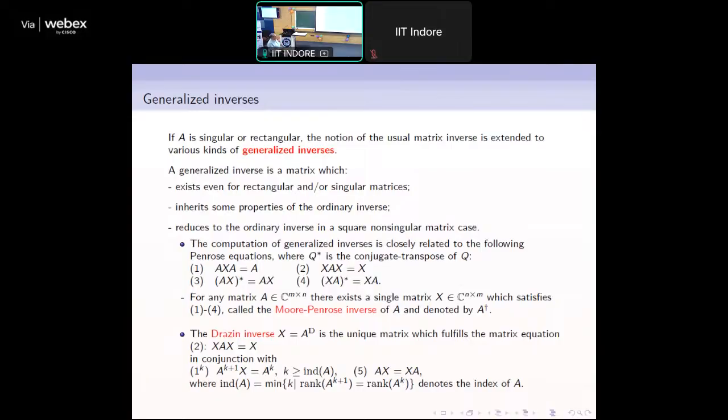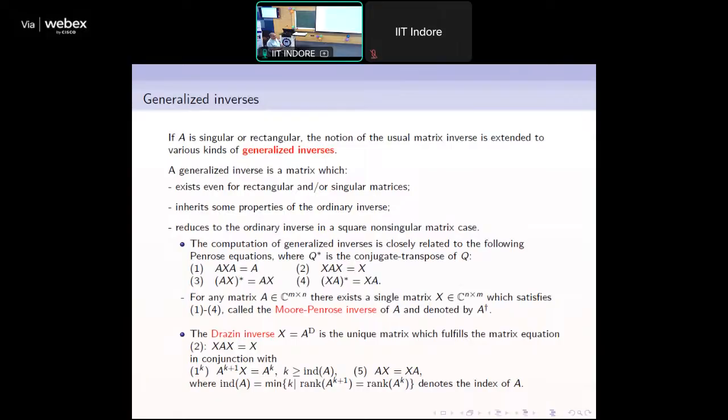Then we need to extend the notion of matrix inverse to notion of generalized inverses. Usual inverse is unique, but opposite to this property, generalized inverses are not unique.